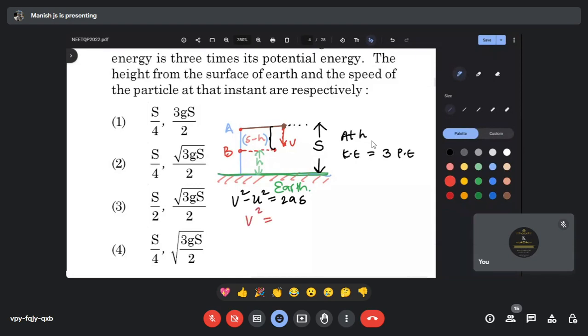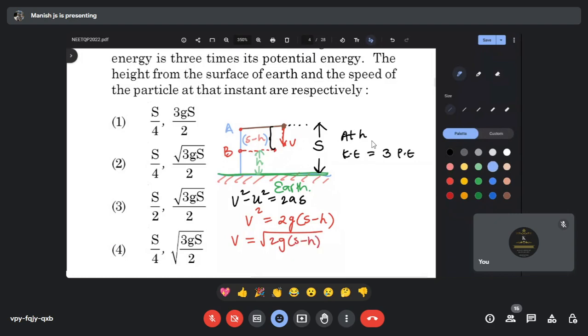So v squared is equal to 2as, where u is obviously 0, and 0 squared is 0. Here a is nothing but acceleration due to gravity in our case, so I put g in place of a. s is the height through which it is falling till that certain height, which is S minus H. So what is v? It will be the square root of 2g times (S minus H).